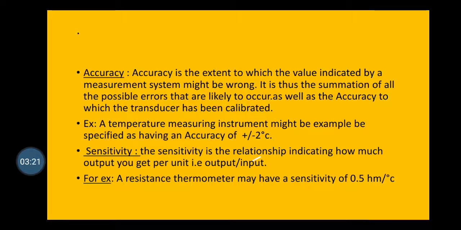Next one, accuracy. Accuracy is the extent to which the value indicated by a measurement system might be wrong.